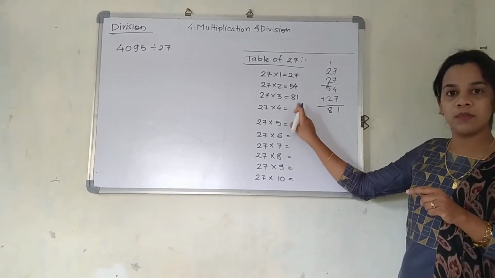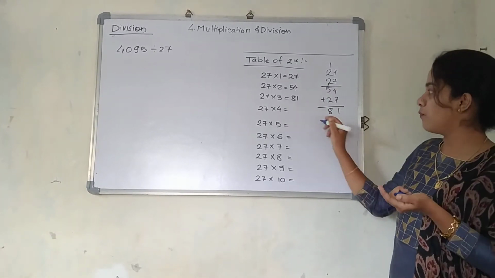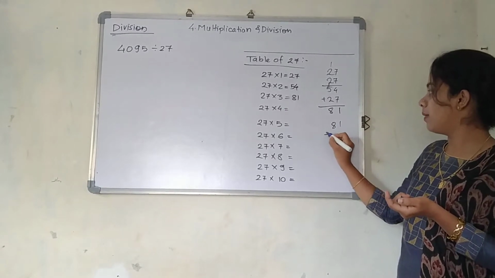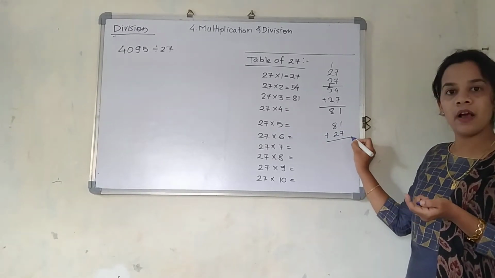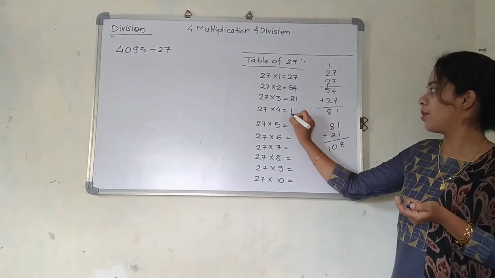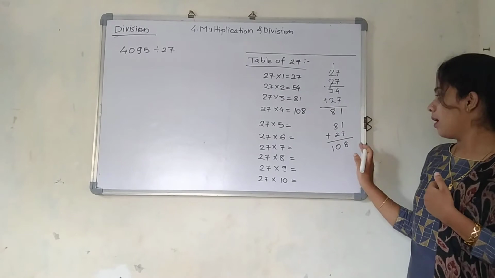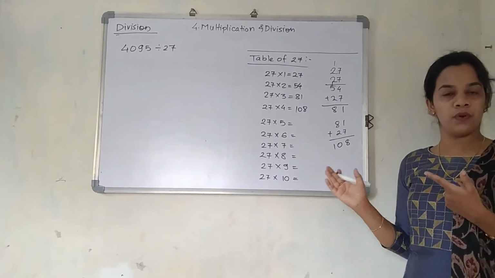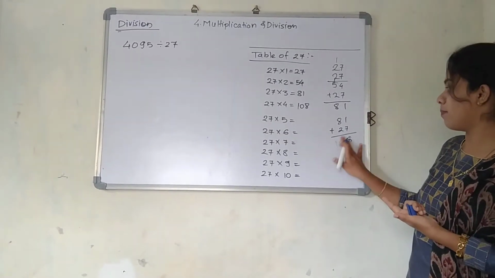Now 27 fours are 81 plus 27, which is 108. I can write over here 108. You can do this by multiplication also. If you know multiplication properly, you can follow that method also.